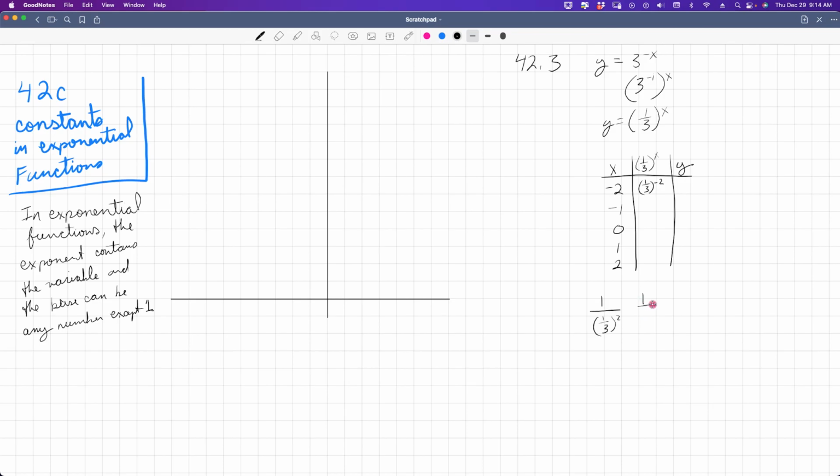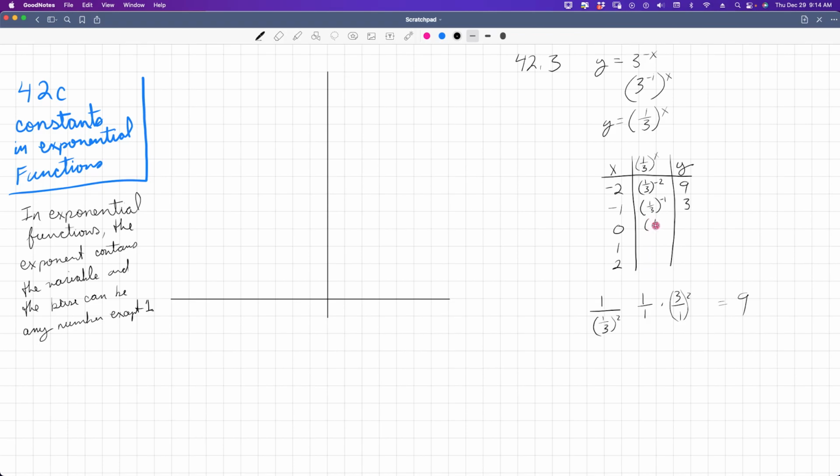And we can say 1 over 1 times 3 over 1, and this is squared. So that would be 9. All right, here we have 1 over 3 to the -1, right? So if we follow the same logic here, then this is going to be 3.